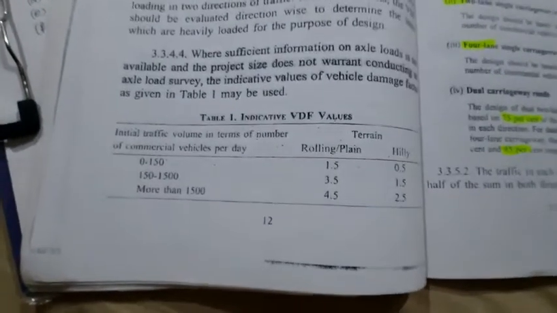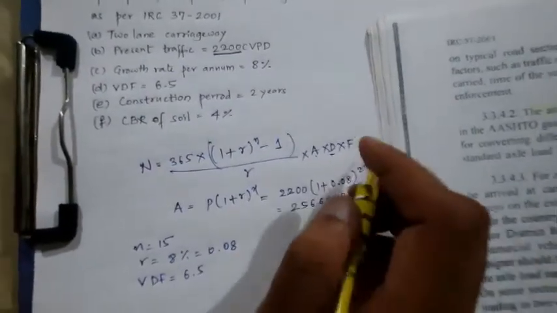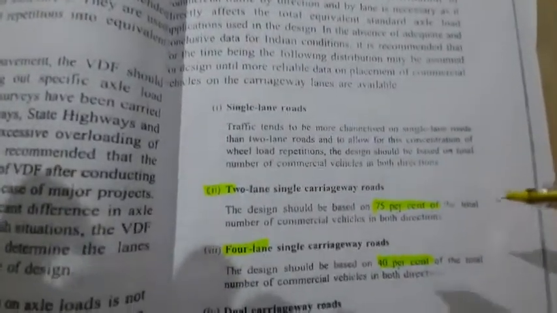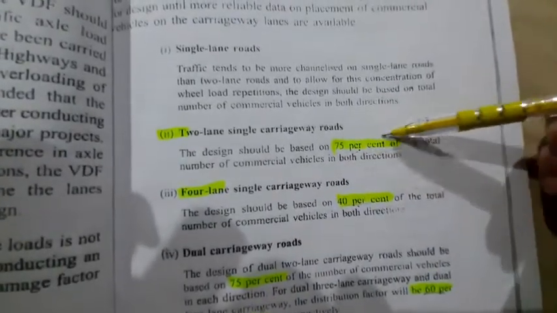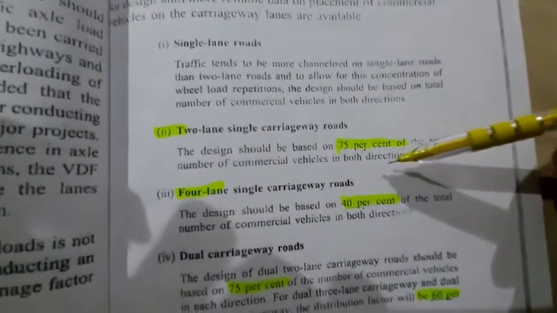So okay, the only difficulty you are getting here is what is the D? D is nothing but the distribution factor. Let us check here. They mentioned it's a 2-lane single carriageway, then it's going to be 75% of the total number of commercial vehicles in both directions.